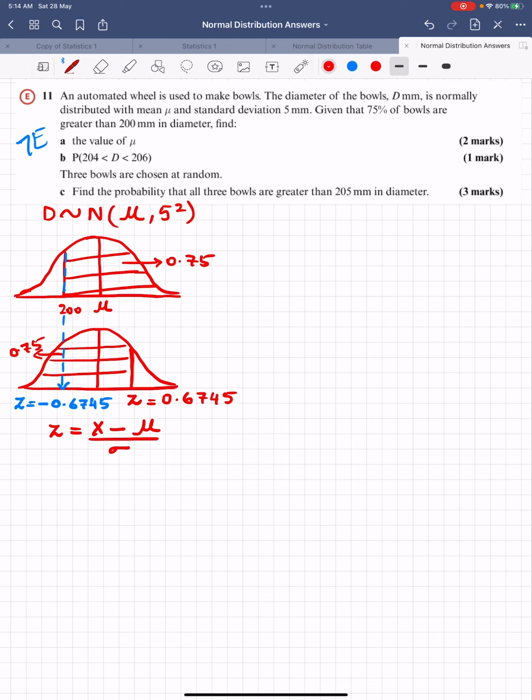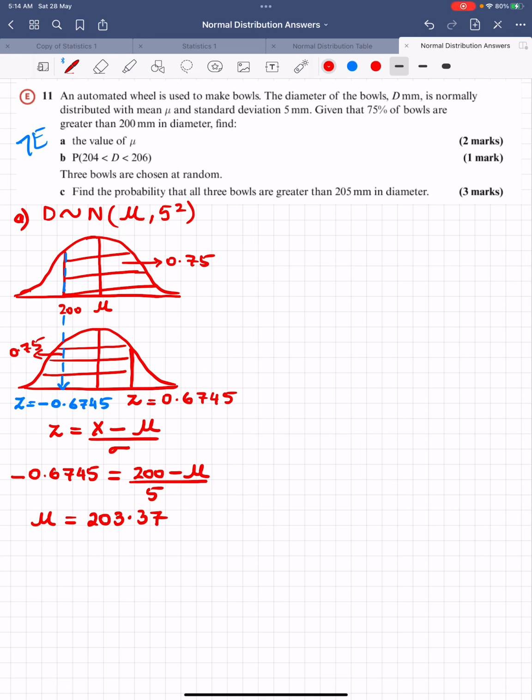So minus 0.6745 equals 200 minus mu, divided by 5. Working this out, mu is 203.37, which answers part A of question 11.